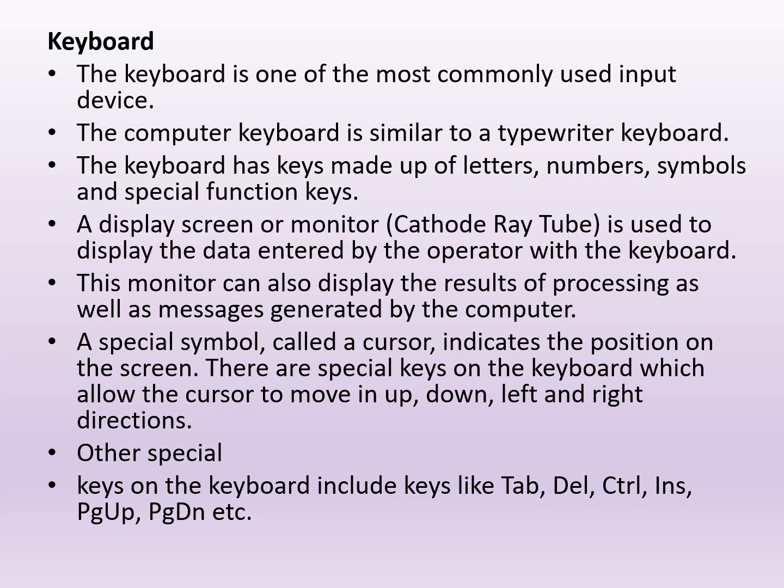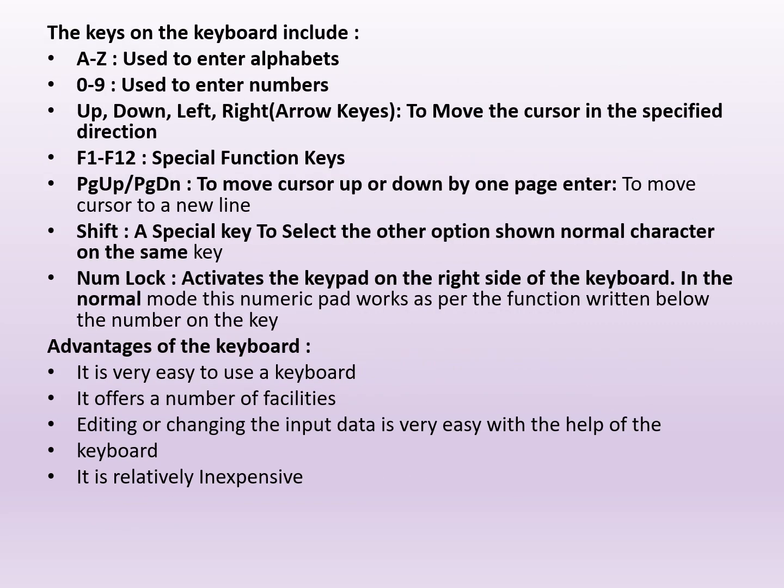Other special keys on the keyboard include tab, del, control, page up, page down, etc. The keys on the keyboard include alphabets A to Z and numbers 0 to 9, then arrow keys like up, down, left, and right, and the function keys like F1 to F12, and the page up, page down keys, and then shift keys and numlock keys.